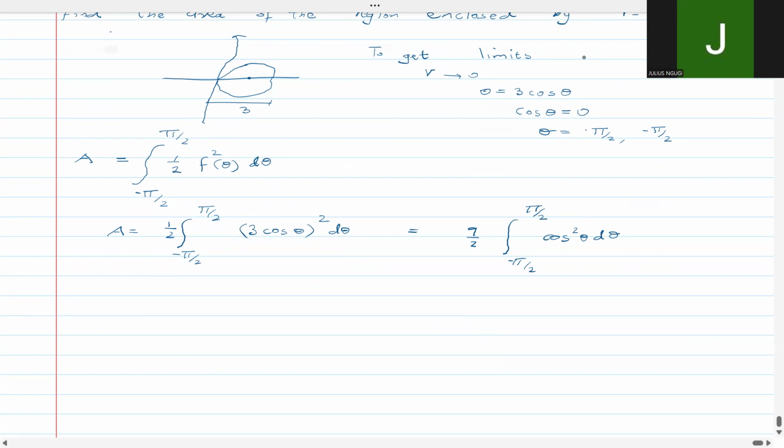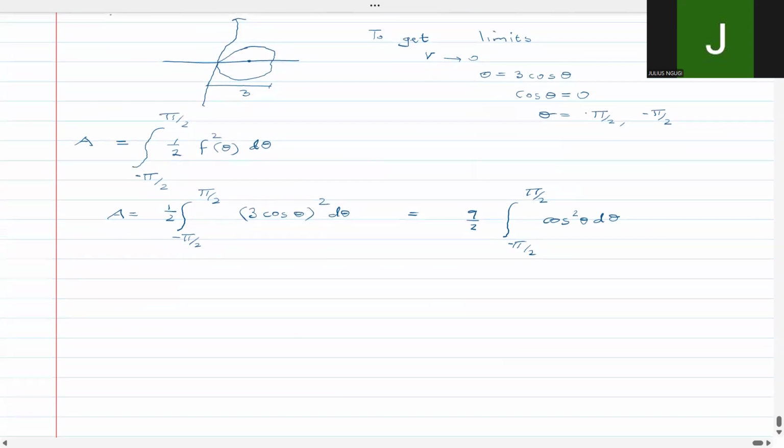To integrate cosine squared of theta d theta, we need to reduce the power using the power-reducing formula, or let's use the double angle formula and then we reduce the power. Cosine squared of theta is always given as a half of 1 plus cosine of 2 theta.